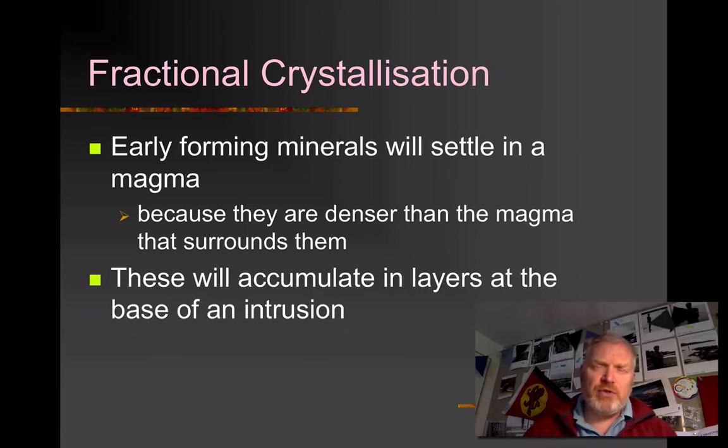So we'll have some minerals that crystallize very early in the cooling of a magma. Olivine, for example, crystallizes at very high temperatures, so it's one of the first minerals to crystallize. Now, if that happens, what we can see is those crystals that form, which can be denser than the magma that they form from, then will sink through the magma.